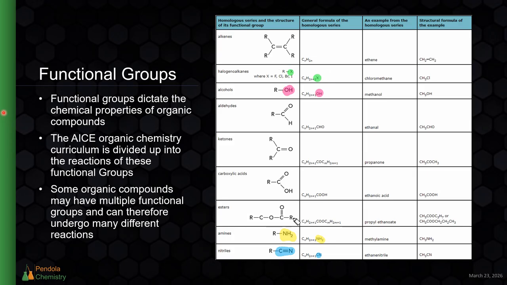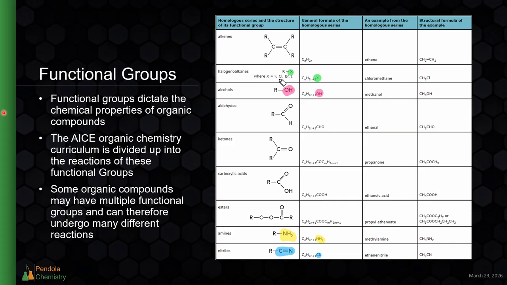So these are the different kinds of structures. My suggestion is when you're trying to remember which functional group is which, separate them by categories. You have the four that just replace hydrogen, which are the halogenoalkanes, alcohols, amines, and nitriles. It's just that the hydrogen is replaced with something different.